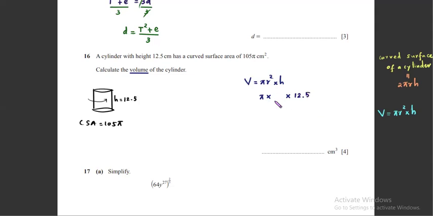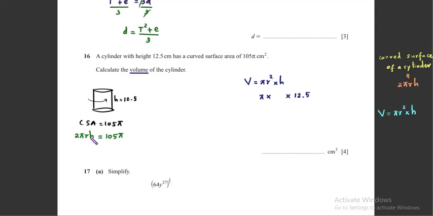Now to calculate the radius only, we need to make use of the curved surface area of a cylinder. When calculating the curved surface area of a cylinder, the formula used is 2 pi r h, which means I can state that this 2 pi r h is only equal to this 105 pi.